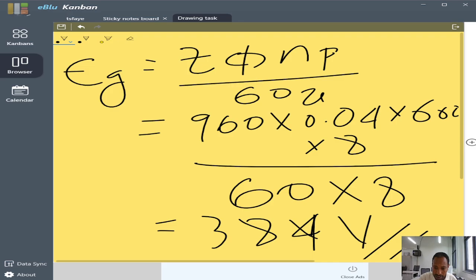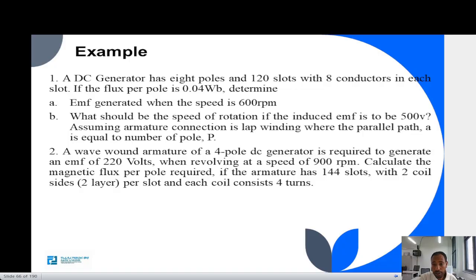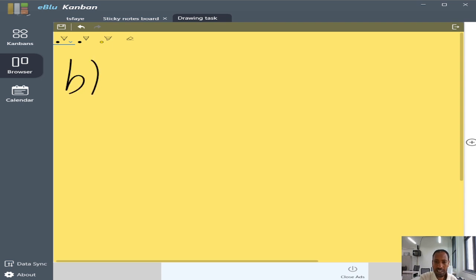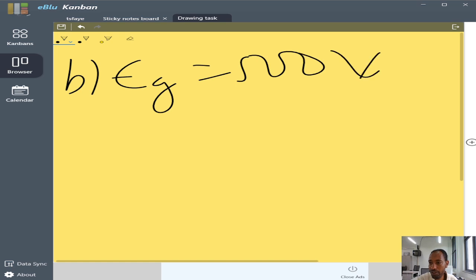And in part B, it says what should be the speed of rotation if the induced voltage is to be 500 volts? Assume the armature connection is lap winding. Now, in part B, what is requested? The induced voltage EG of 500 volts is supposed to be induced, so what is the speed?